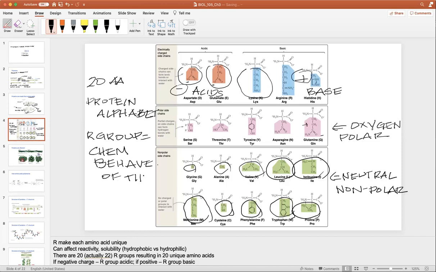It is very difficult to write these tablets. Okay. So these R groups determine how these amino acids behave in the protein, okay?